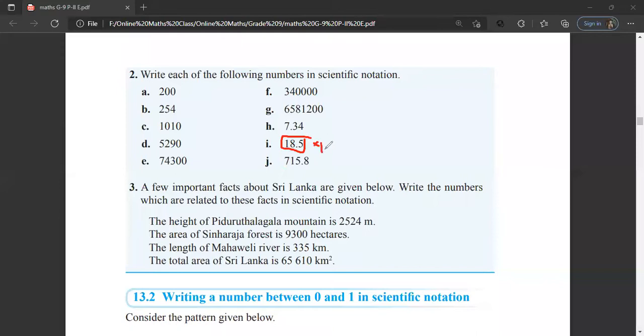So that is wrong. 10 to the power 1. Yes, 10 to the power 1 means 10, so you can write down here 1.85 into 10 to the power 1. Right, good. Next one.